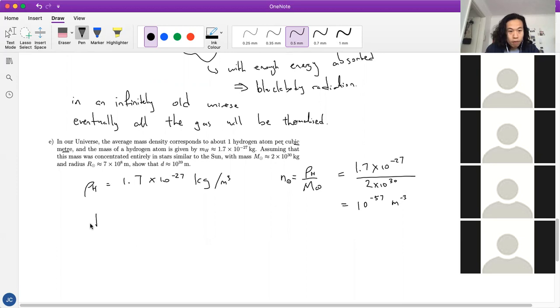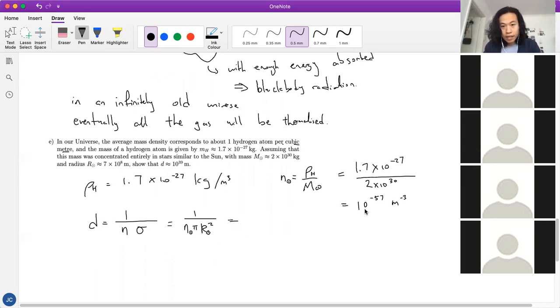And before, when we worked out D, we were just saying D is equal to 1 over n sigma. So this just equals 1 over n pi r squared. And if we want to make it for this particular scenario, then it's obviously the number density of solar-like stars and also the radius of a typical sun.